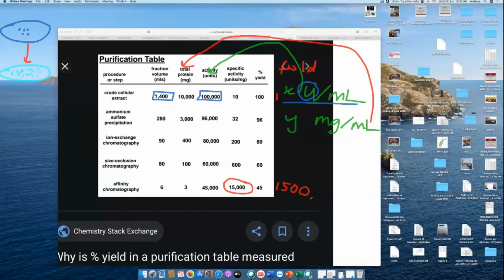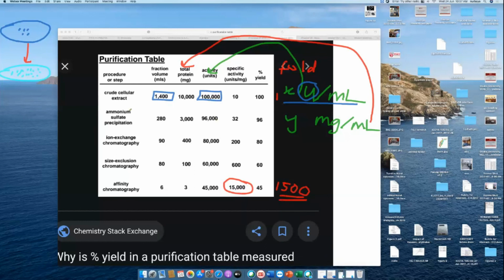The yield is different, right? The yield is what is left from the beginning. But in terms of the fold, you have got 1,500 fold.